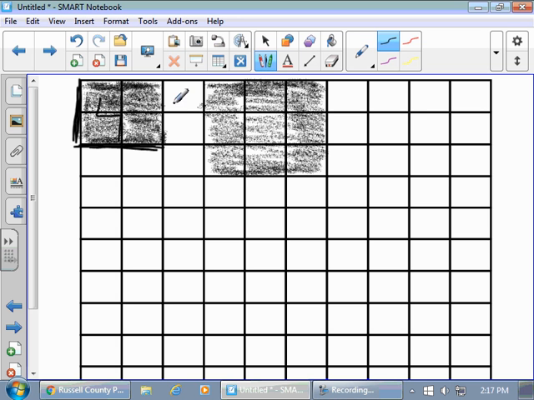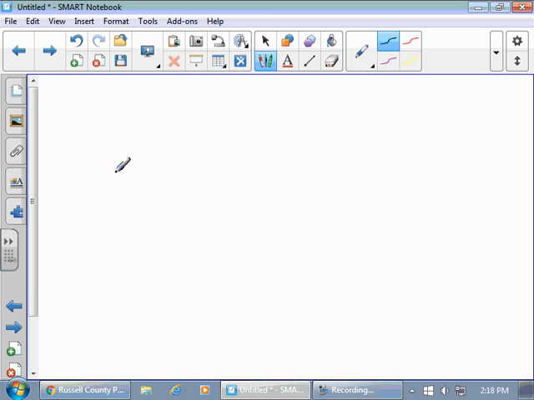I can multiply. So this was 3 and 3, so that was 9. So if I said I want one that has 4, how many blocks would I shade in? 16. And how did you know that? 4 times 4.